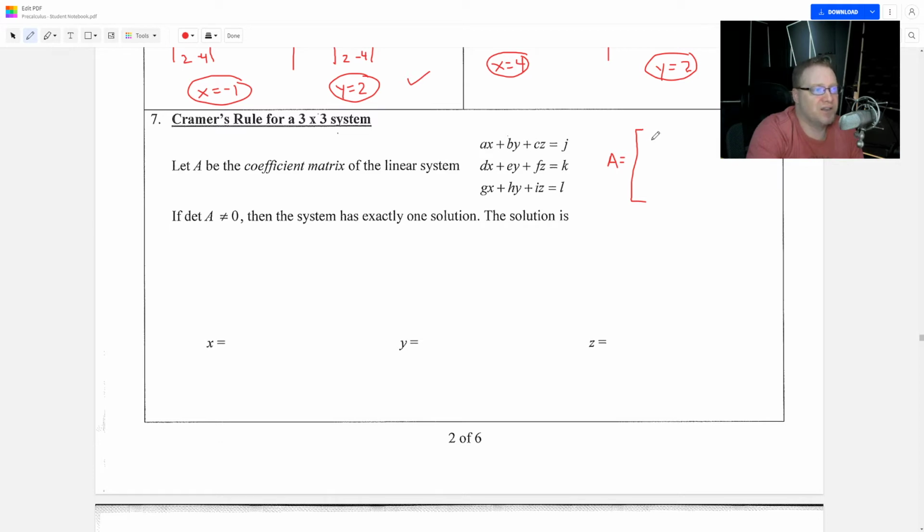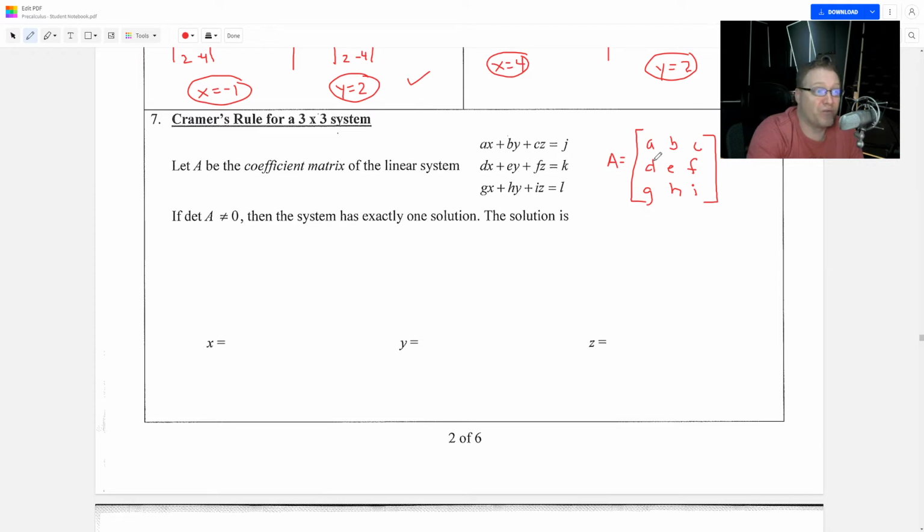It's going to be a, b, c, because we have a times x, b times y, c times z, and then same thing all the way down: d, e, f, and then g, h, i.